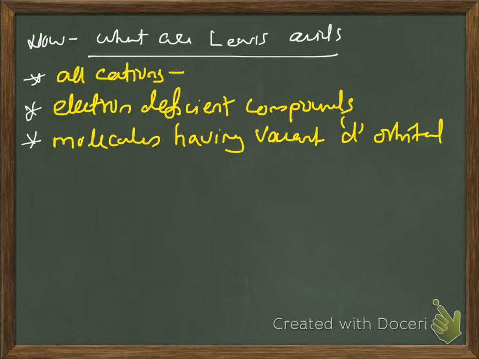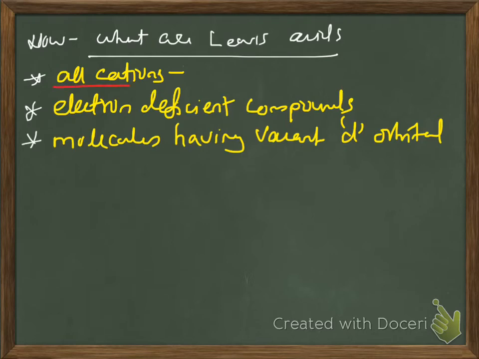Now, what kind of compounds can be classified as Lewis acids, and what type of compounds can be classified as Lewis bases? To answer such a question, there are many conditions under which compounds can act as either Lewis acid or Lewis base. At first, we have to see what kind of compounds are expected to be Lewis acids.